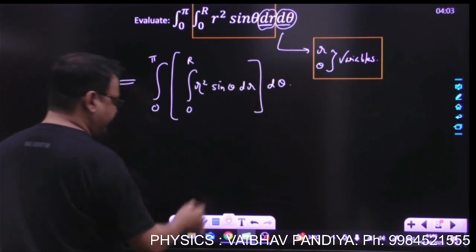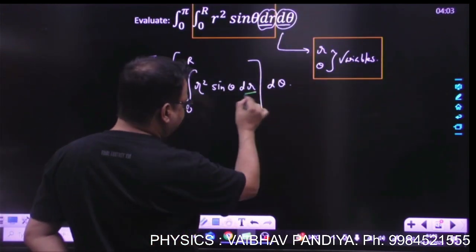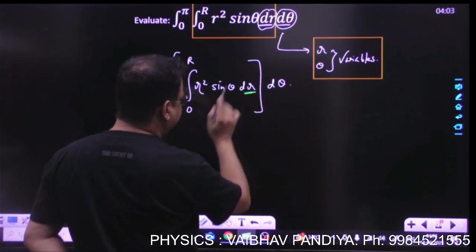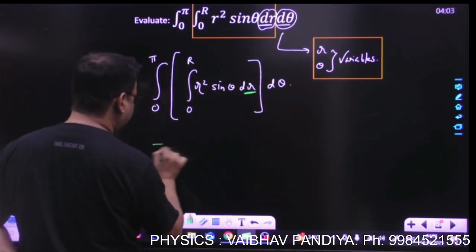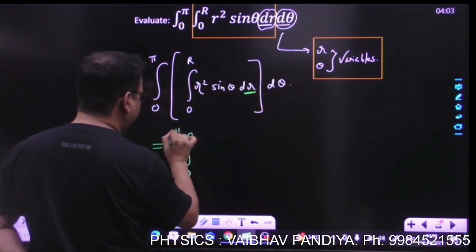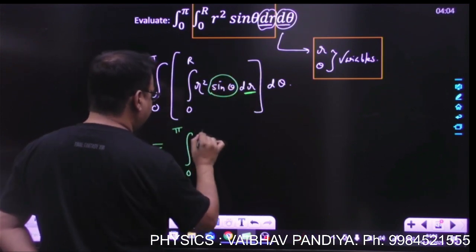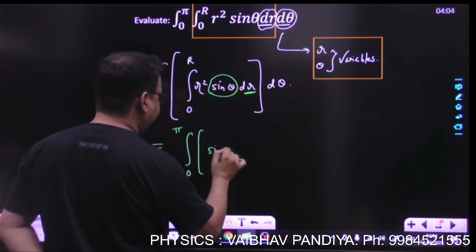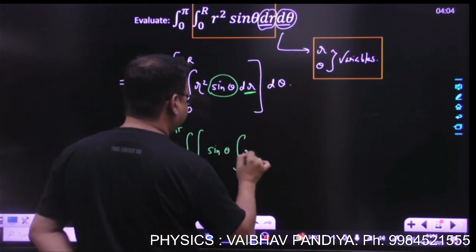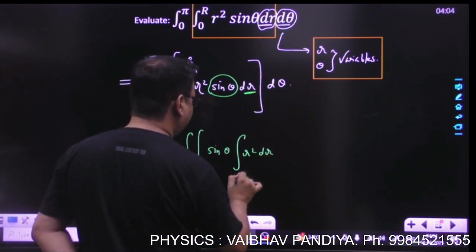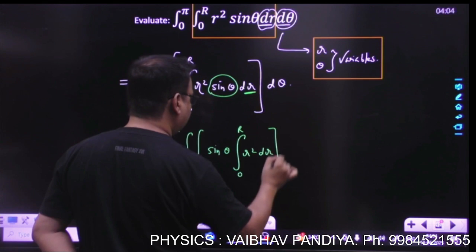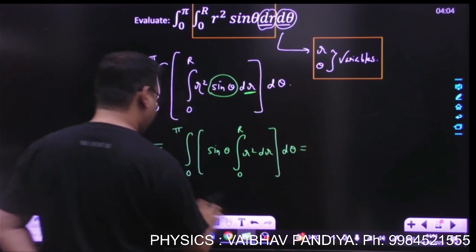Integrate this partially. r will be treated as the variable, remember the rule, and theta will be treated as constant. So I will get 0 to pi. Now since theta is treated as constant, sine theta will come out of the integral, and what is left is r square dr from 0 to R, d theta, correct?